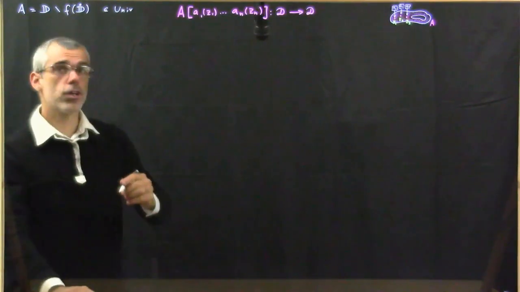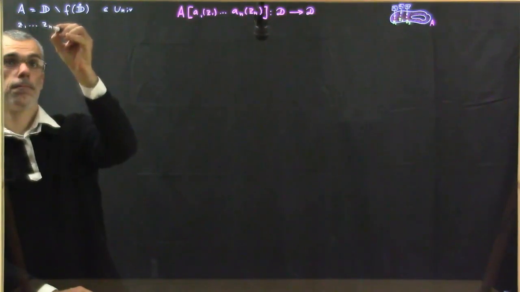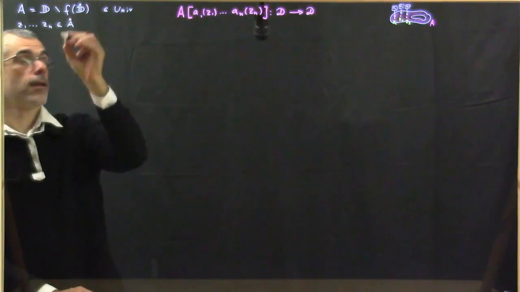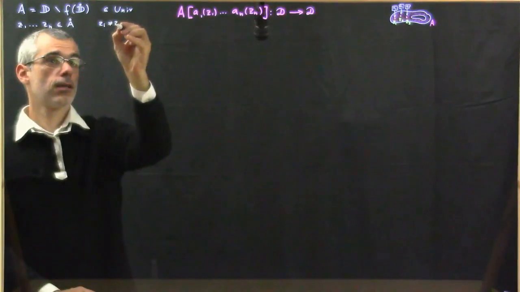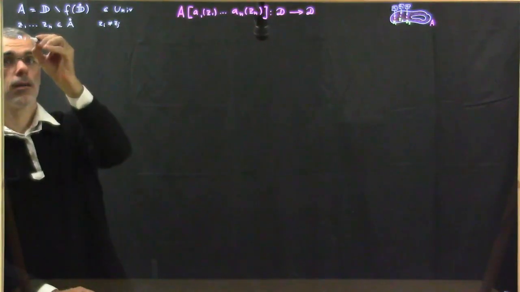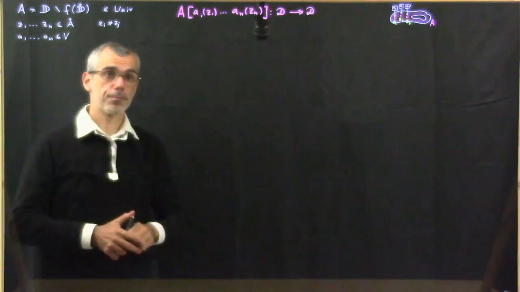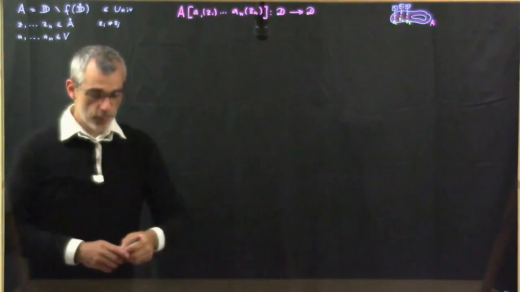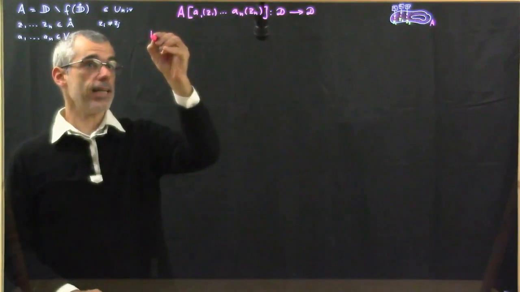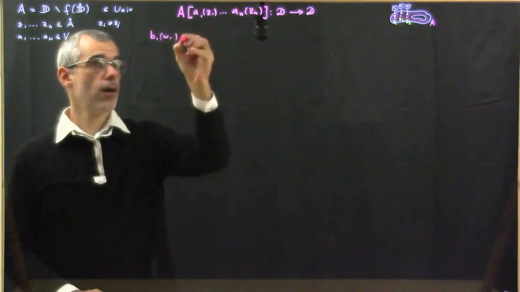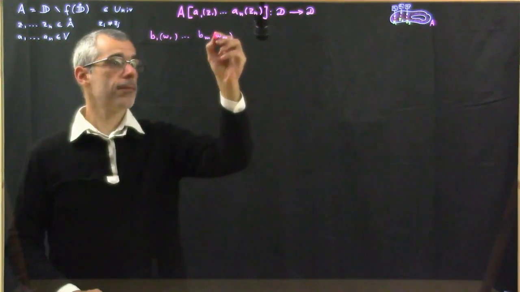And of course, we have now to choose a bunch of points in the interior of A, which should be distinct, and elements in the VOA. So given that data, we can define our operator to send a typical element of D, which I write like this, B1 of W1 up to Bm of Wm.